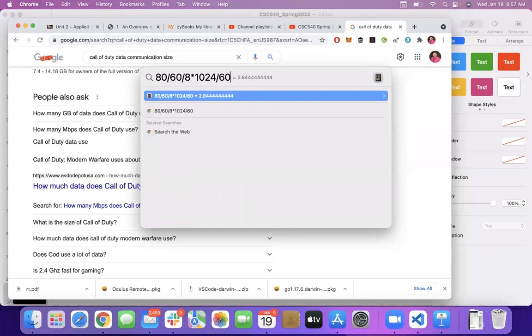Typically the refresh rate that's trying to be maintained in a game like that is 60 hertz. So that means 60 times in a second. So if I divide that by 60, that's 0.047, so 0.05 kilobytes every frame.